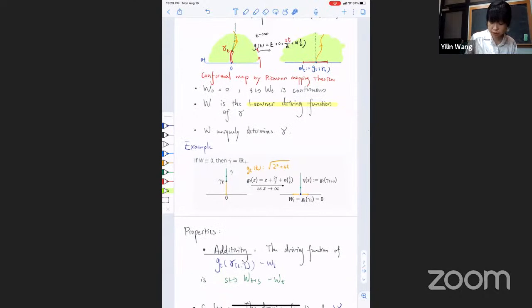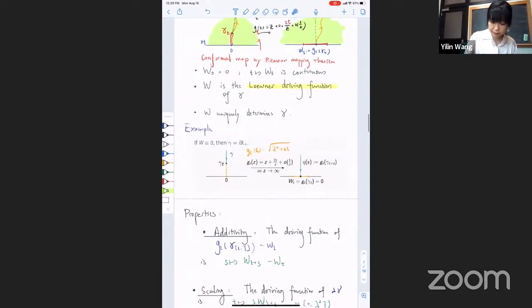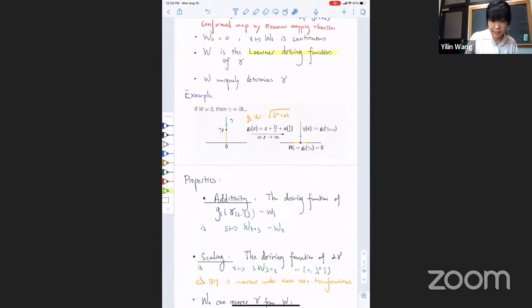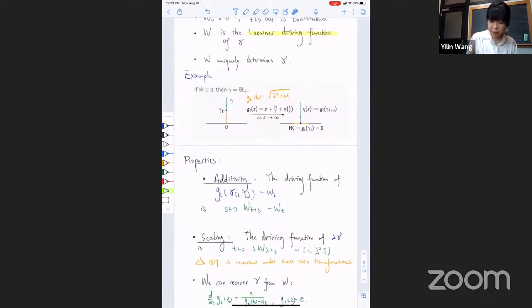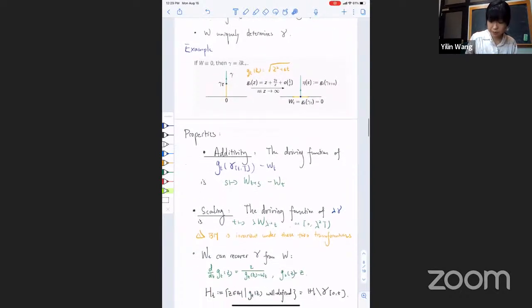Its driving function will just be the increment of the original driving function. The next property is the scaling property. If you multiply your curve gamma by a positive number lambda, then the driving function will change in this explicit form, as with Brownian scaling. So the remarkable thing is that Brownian motion is invariant under these two transformations.